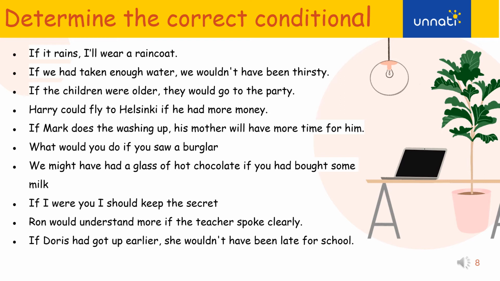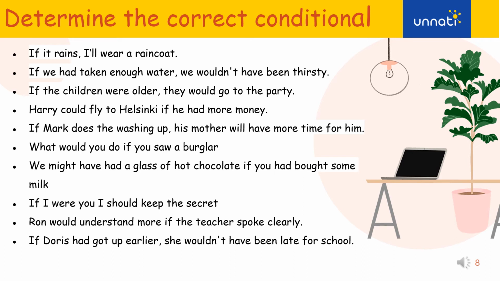So I'll explain to you with a clue here, with the first one. If it rains, comma, I will wear a raincoat. If it rains, the condition, in simple present.